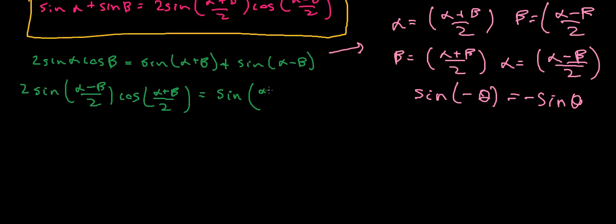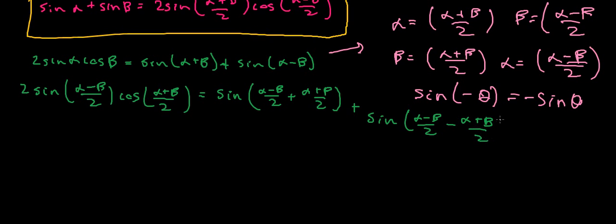So this will be alpha minus beta over 2 plus alpha plus beta over 2. And then here's where the difference is going to be made, because this is going to be alpha minus beta over 2, and now it's going to be minus alpha plus beta over 2.